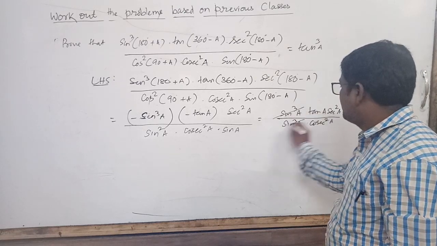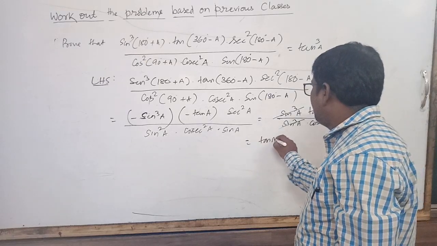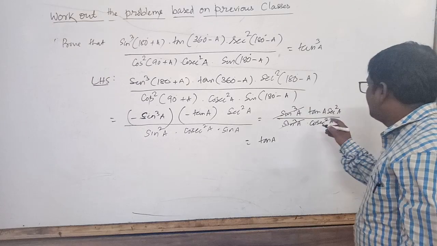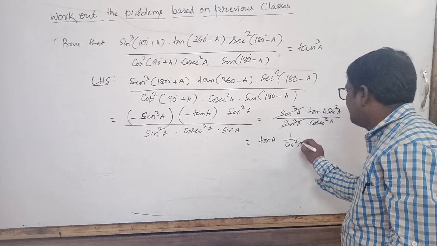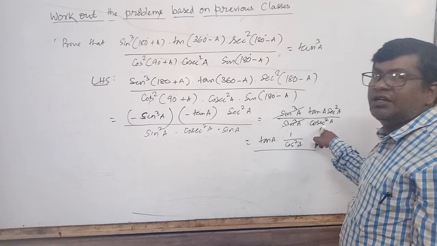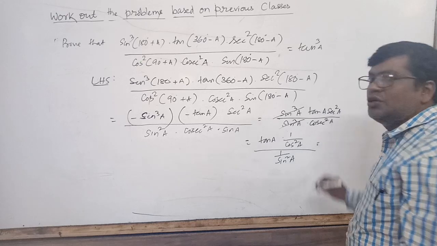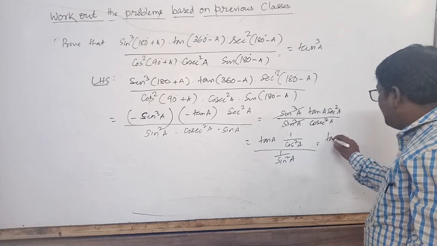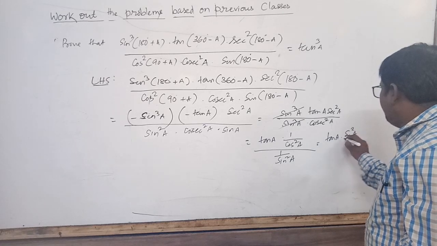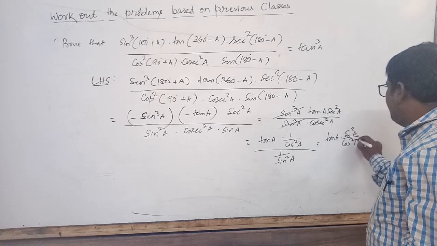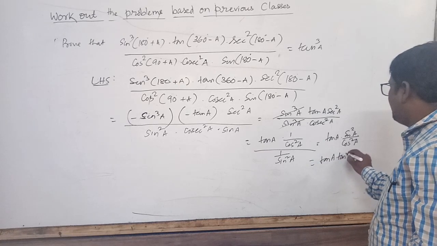Sin cube a cancels, and this is equal to tan a remaining as it is, and sec square a means 1 by cos square a. Clear? And cosec square a means 1 by sin square a, that is equal to tan a, and this is sin square a by cos square a, which is equal to tan a into tan square a.